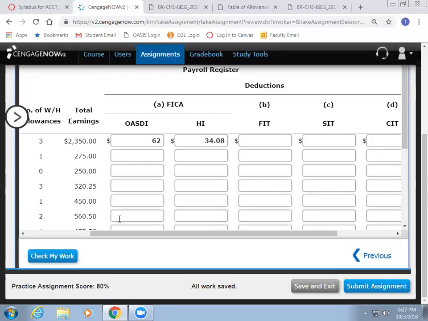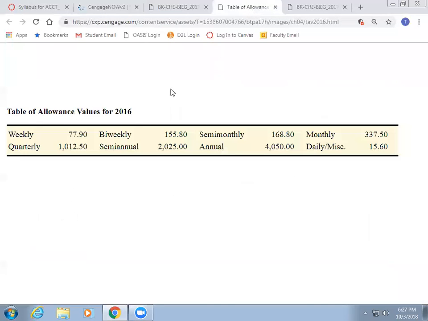So for Matthew John, first we take his weekly wages and subtract out his allowances. Looking at my table of allowances, they're all weekly pay, so it's $77.90 per allowance.